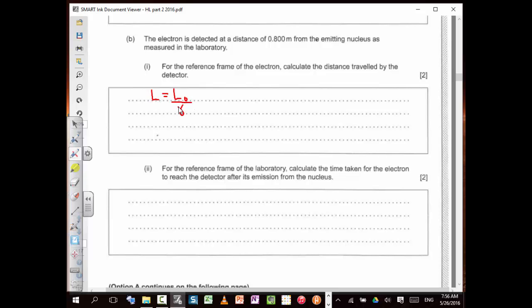And for the electron, we're going to get 0.8 divided by gamma, and V was 0.975. Let's just work out gamma over here. So gamma is equal to 1 over the square root of 1 minus V squared over C squared, which is equal to 4.5.